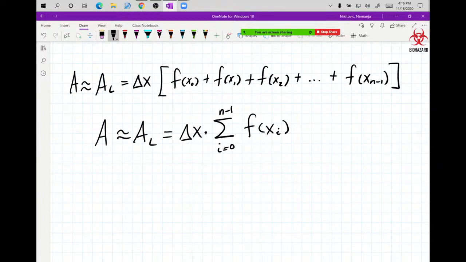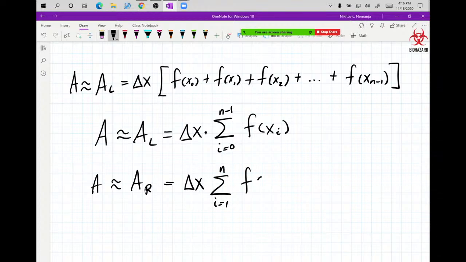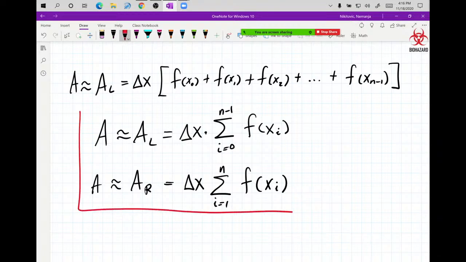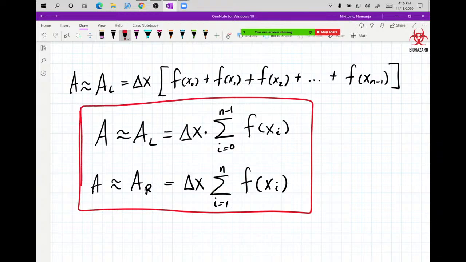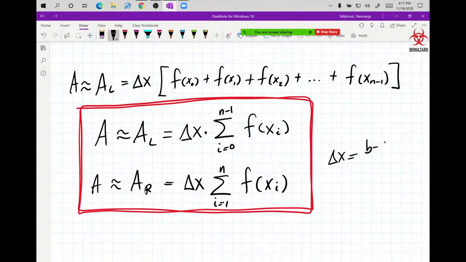Actually, let me write the right one as well. AR is delta x summation i goes from 1 to n f of xi. Boom. Oh, and we also have to add that delta x is equal to b minus a over n, because that is the part of the formula which you have to compute on the side.